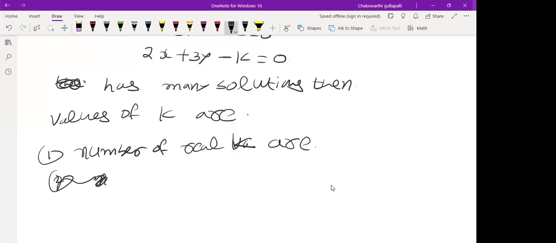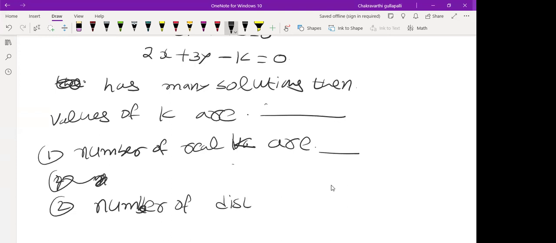Let us see the number of real values of K, the number of distinct values of K. What are the values?